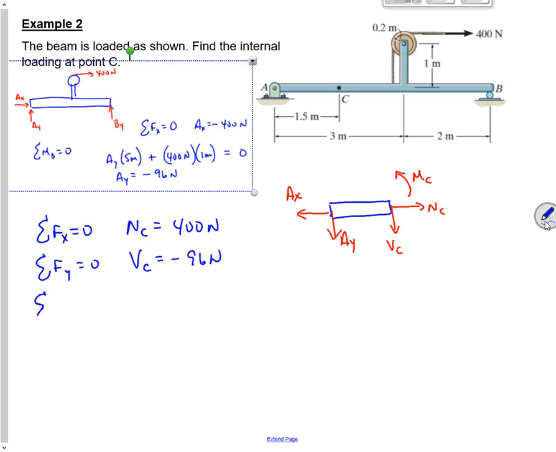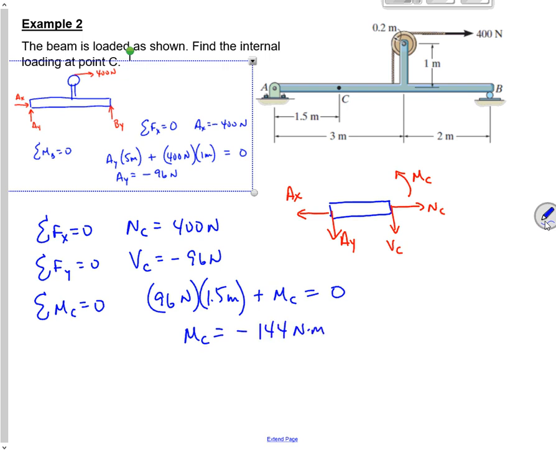And the sum of the moments about C equals 0, which is that 96 Newton force times 1.5 meters plus this moment has to be equal to 0. So the moment at C has to be minus 144 Newton meters, which means it goes clockwise.